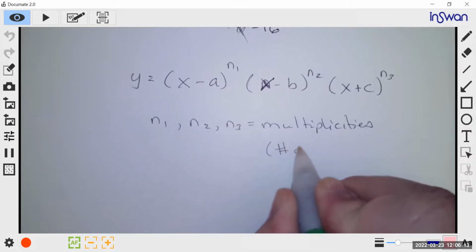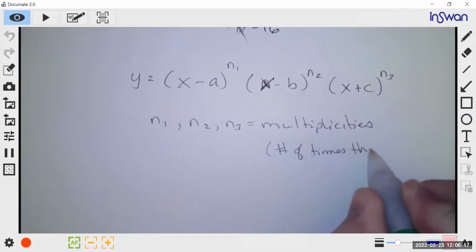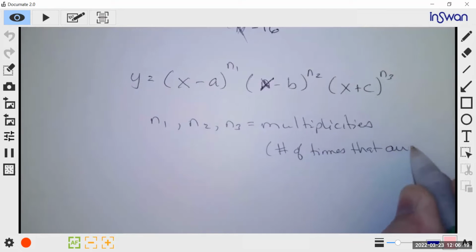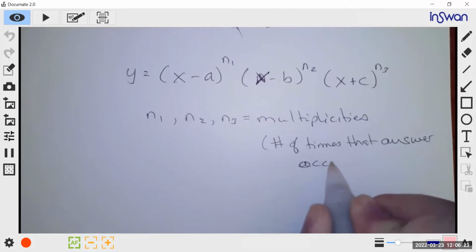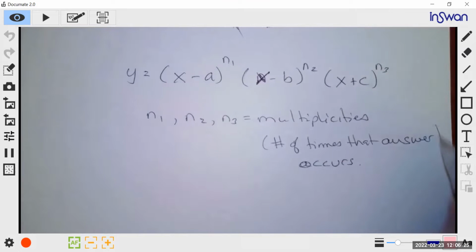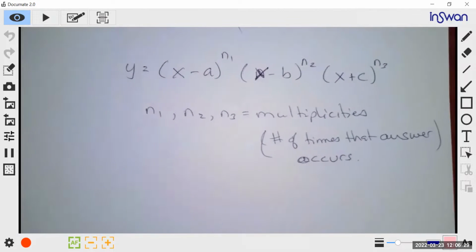It tells us the number of times that answer occurs. That's a multiplicity. But it tells us more.